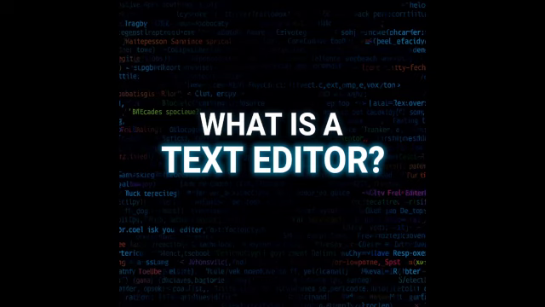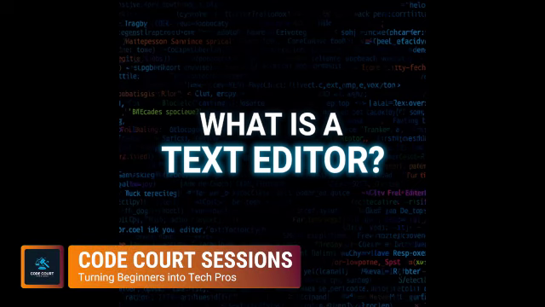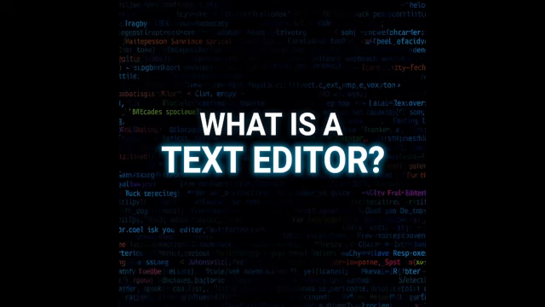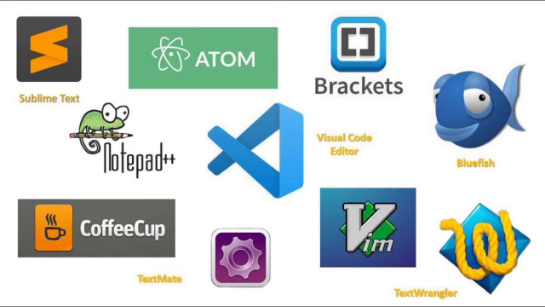We have two categories of text editors: basic text editors and programming code editors. For this case, because I will be showing a practical on my computer, I will be using basic text editors. So when we talk about basic text editors, I will first introduce the text editors on your screen.